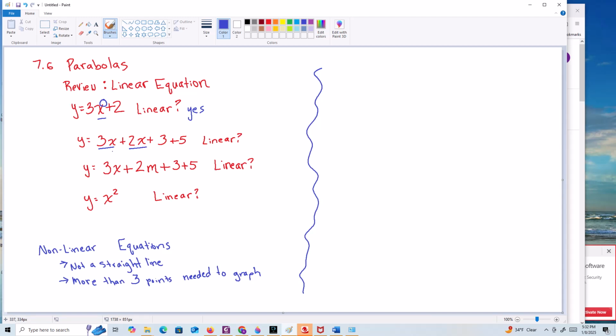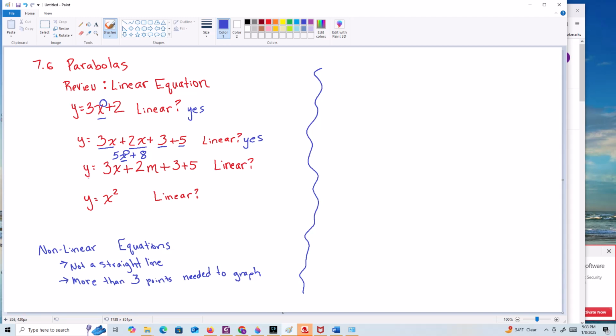So if I have 3 x's and 2 more x's, I have 5x plus 3 and 5 are both constants, so I can go ahead and evaluate them: 5x plus 8. Well, now with my simplified expression, I can see I still only have a single variable, x, and the exponent on that single variable is a 1. You don't see anything, so it's 1.